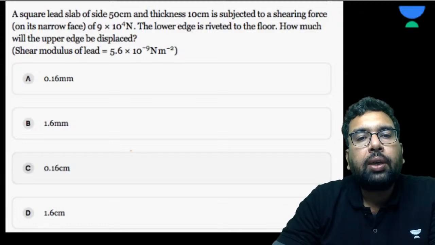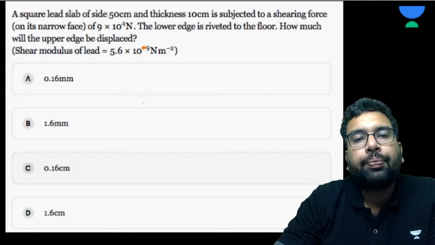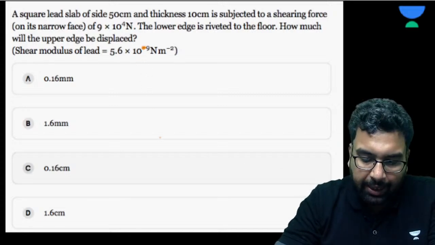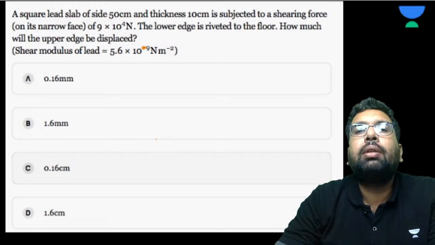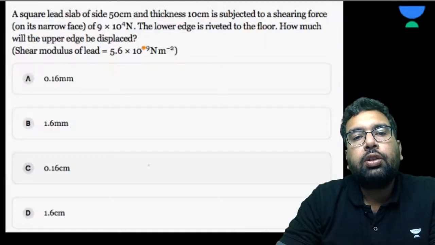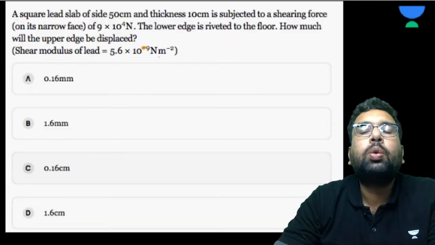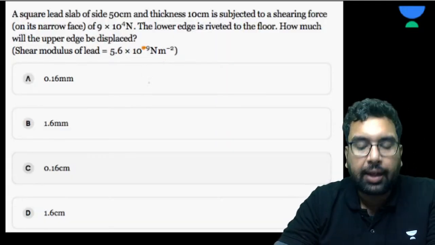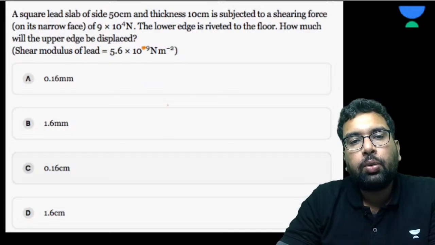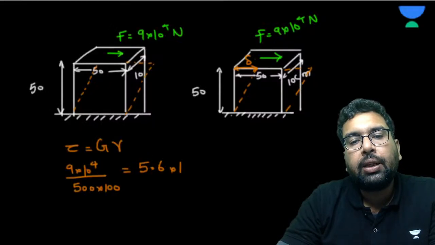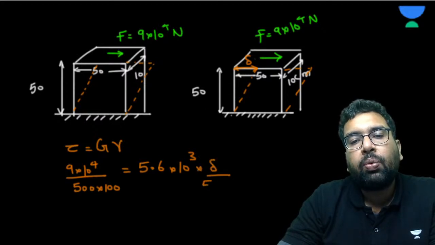So G, actually this is 10 to the power 9, not minus. Shear modulus can't be that small, right? So G is going to become 5.6 into 10 to the power 9 Newton per meter square, but we want the answer in mm, so let's change this into mm. We will get 5.6 into 10 to the power 3, and this gamma is going to be delta upon L. L is 500.